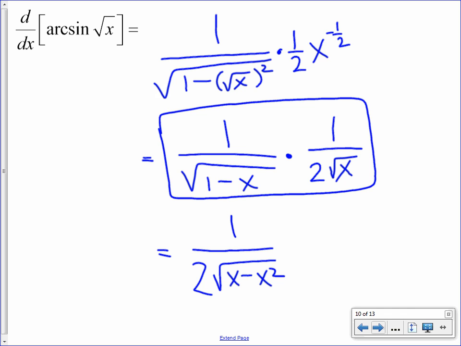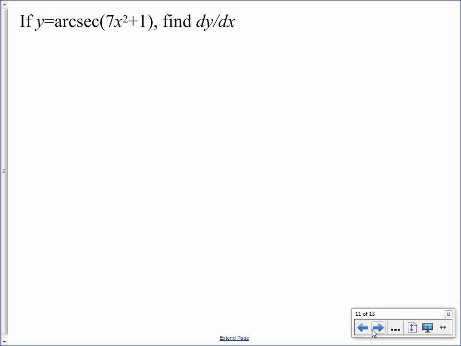Okay, let's try another one. Let's get some arcsecant going here. Okay, so dy dx. 1 over, okay, so what's our rule for arcsecant? 1 over what?